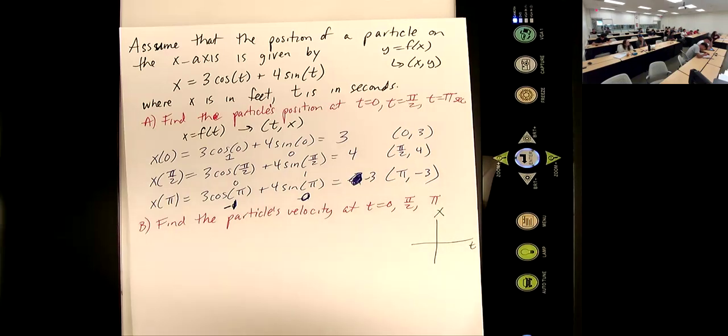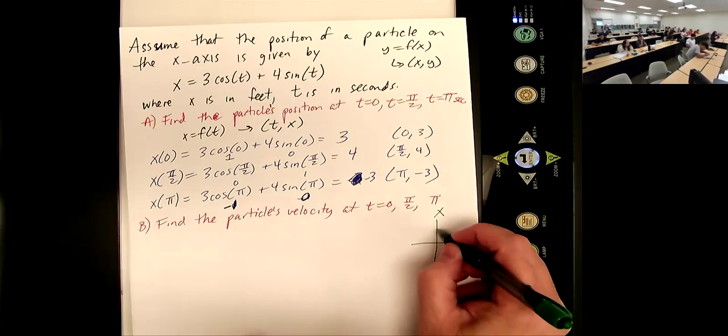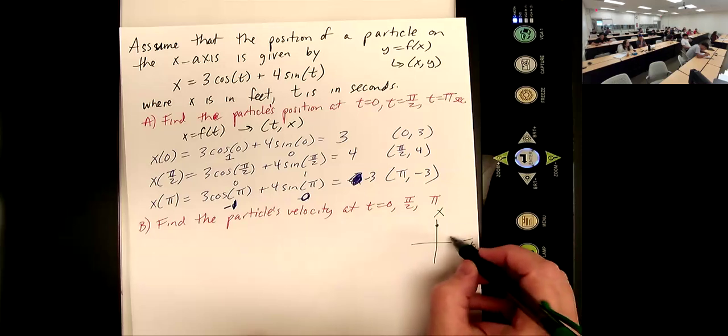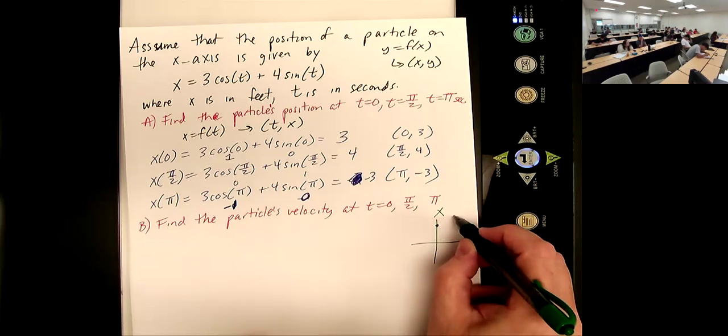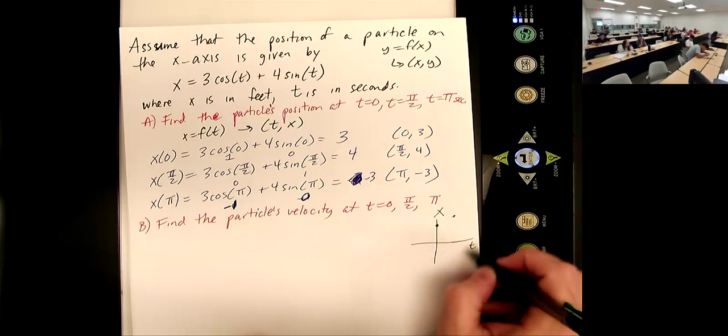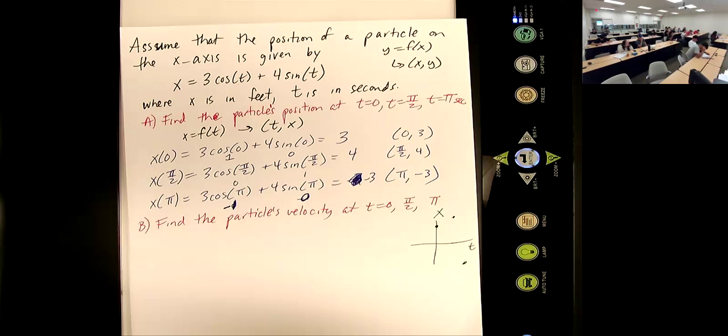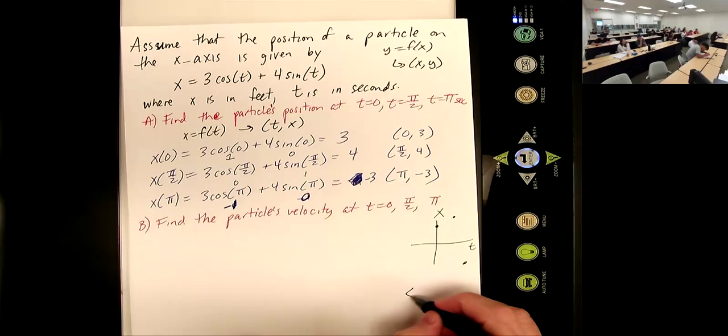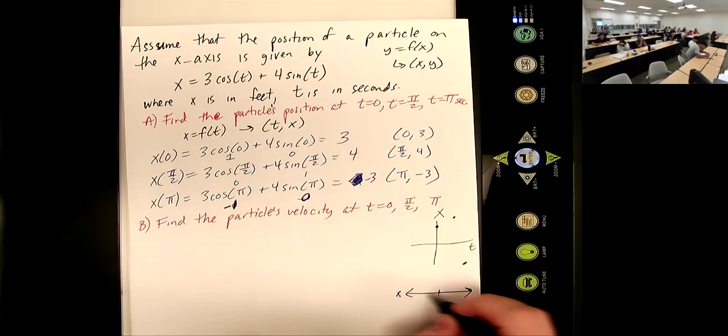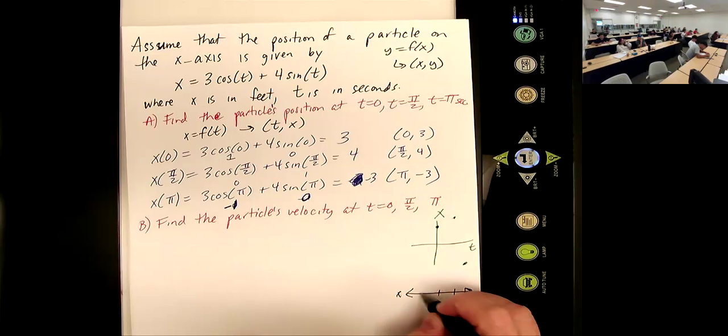It goes up, 0, 3, pi over 2, 4, and at pi, negative 3 is way down here, it just drops. But if we're just looking at it on the single line x-axis, then yeah, it's going back and forth.